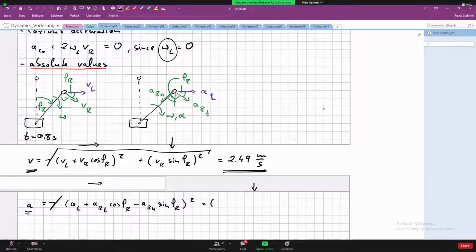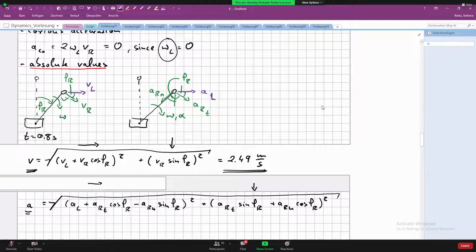Both our components point downwards, so they are both positive in our equation: ART sine phi r plus ARN cosine phi r. Okay, and then again, we have all the individual variables. We apply them to the calculator and obtain 2.92 meters per square second.